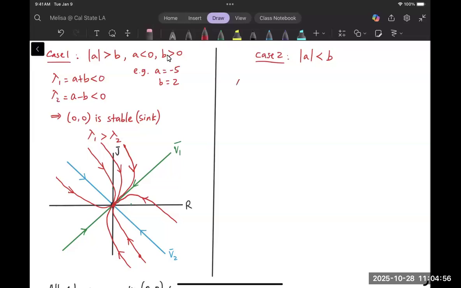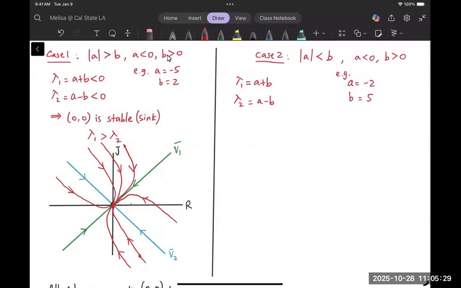Lambda 1 is A plus B, and lambda 2 is A minus B. Remember here, A is still negative and B is positive, but the absolute value of A is less than B. So you can pick an example to make it easier to see. Pick A to be -2, for example, and B maybe 5. The absolute value of A is 2, so that's still less than B.